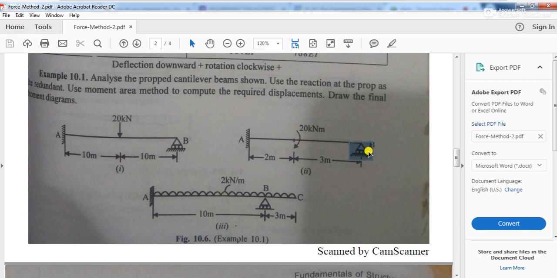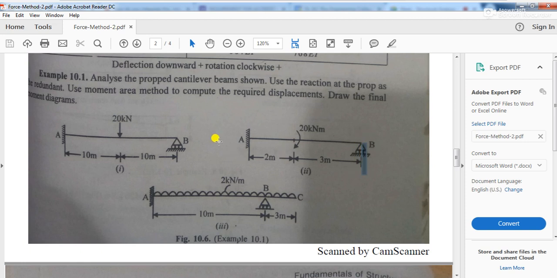So the structure is indeterminate because of this roller support, and the redundant in this case will be the vertical reaction force acting at point B.